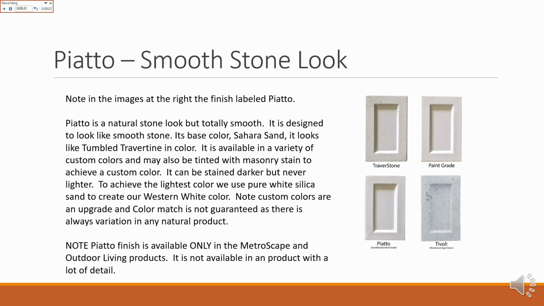So if it's not a pretty plain, smooth surface, Piatto is not going to be available. The Piatto finish is a 15% upcharge from the Traverse Stone, and the default color is also Sahara Sand. The same 3% color upcharge is charged on top of the Piatto finish if you want custom colors.